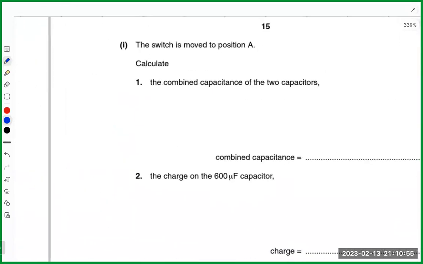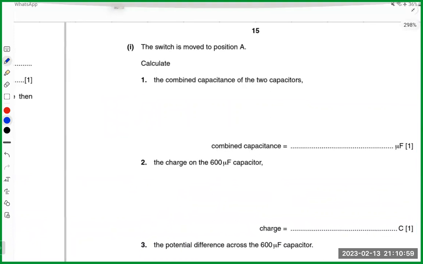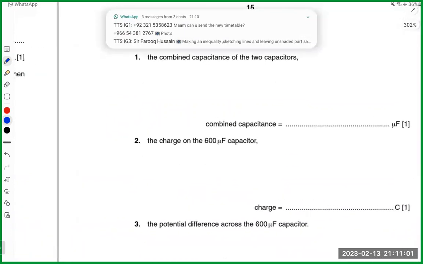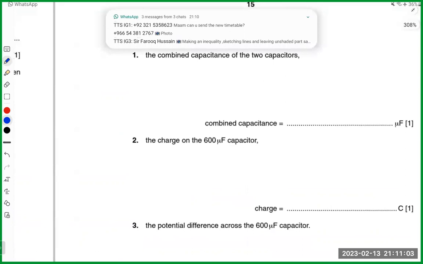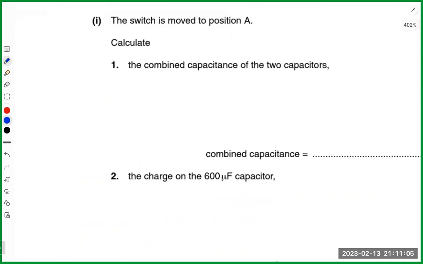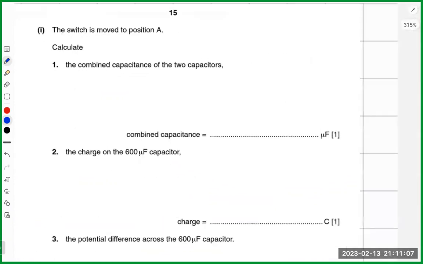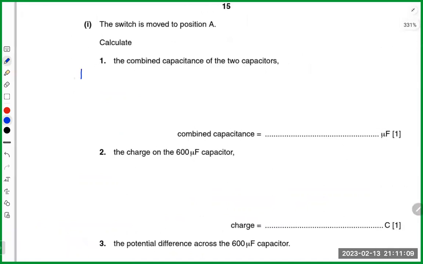The switch is moved to position A. Calculate the combined capacitance of the two capacitors. Now, there are two capacitors which are connected in series. So, method one is 1 over C equals 1 over 200 plus 1 over 600.